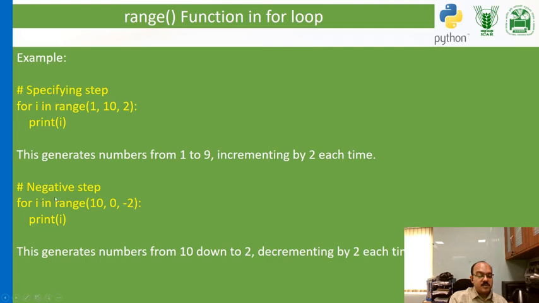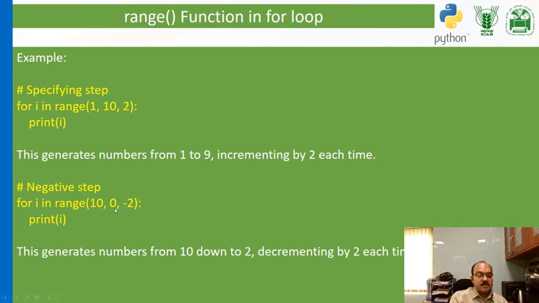And we can also use the negative step, like for I in range 10, 0, -2, print I. So this program will generate numbers from 10, then down by 2, that means 8, then 6, then 4, then 2.